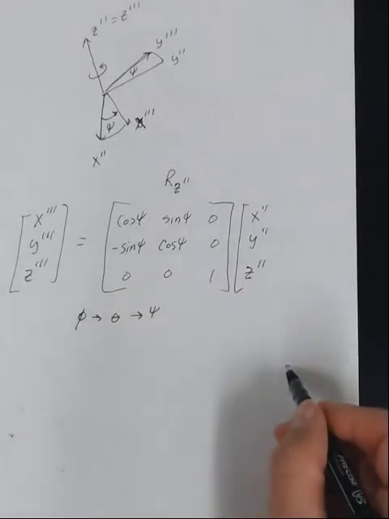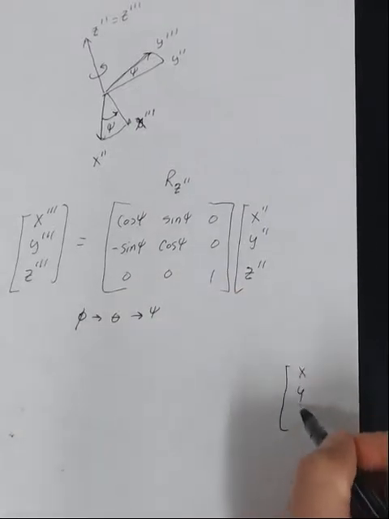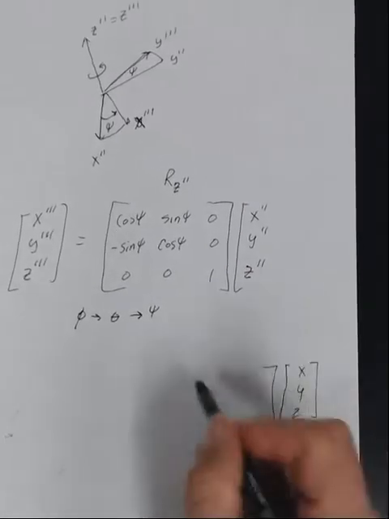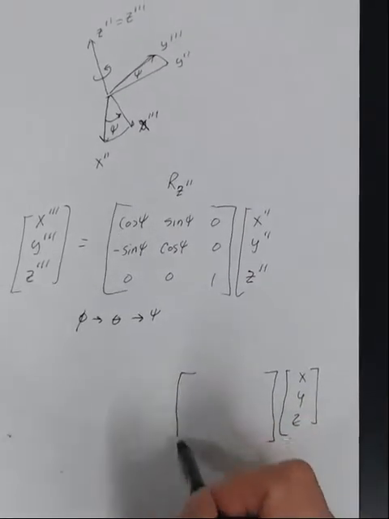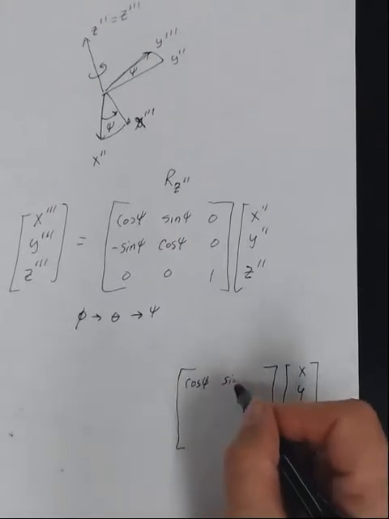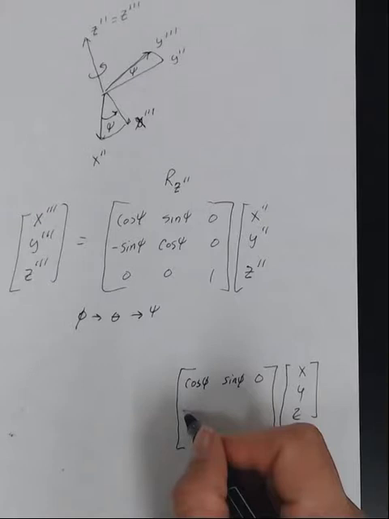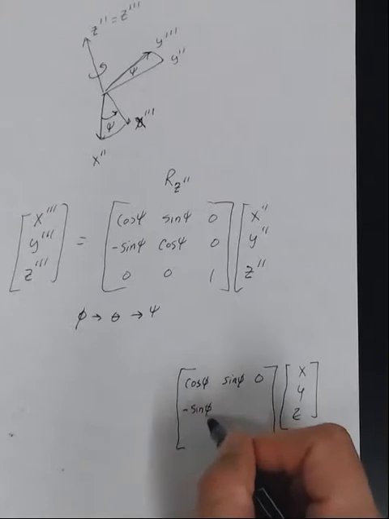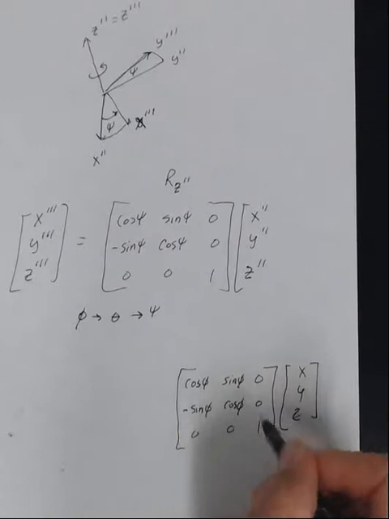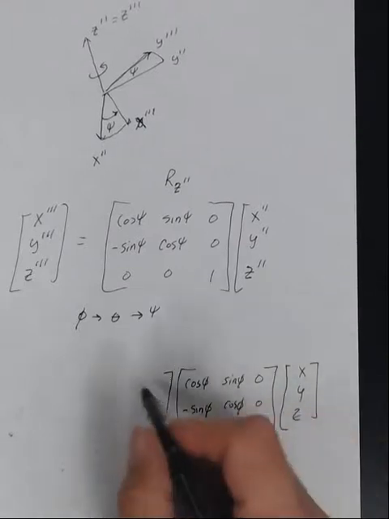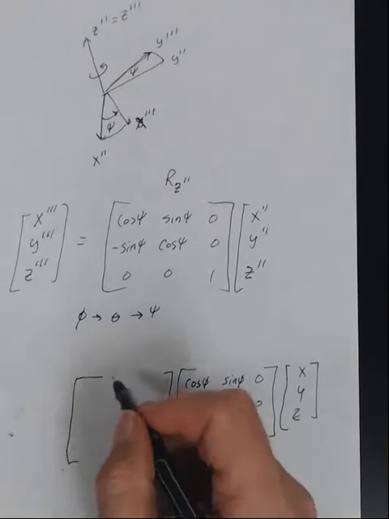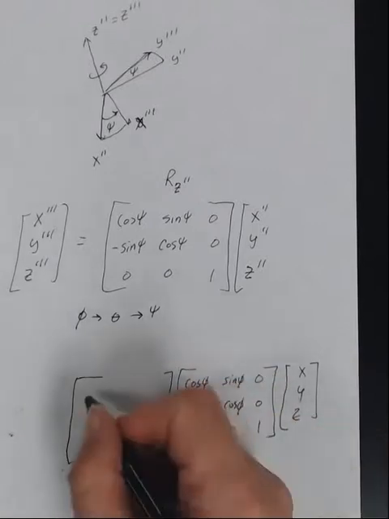So we start over here with x, y, z, our original coordinate system, and then cosine phi, sine phi, 0, negative sine phi, cosine phi, 0, 0, 0, 1. So that acts on it first. And then the next one was by theta.